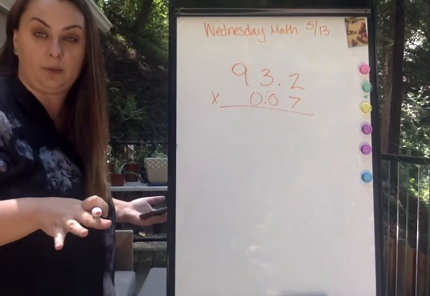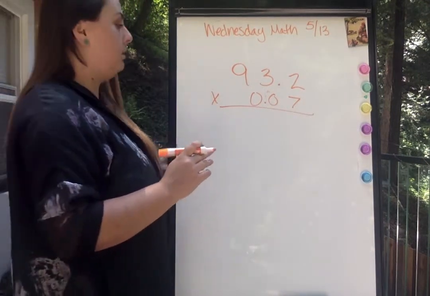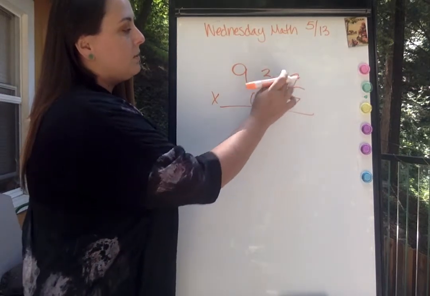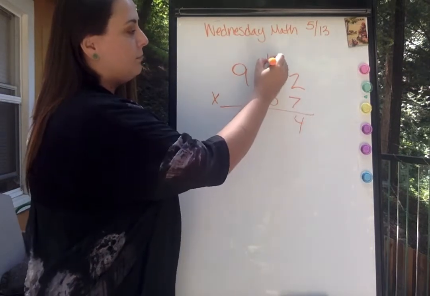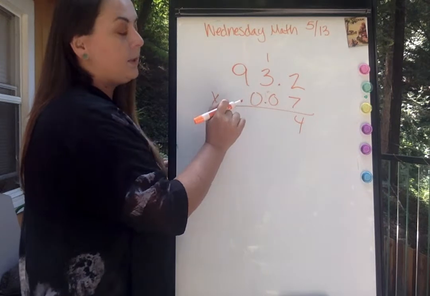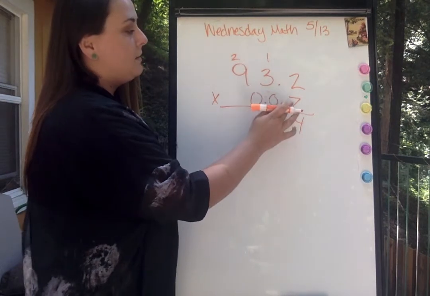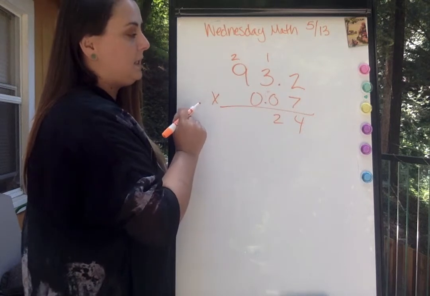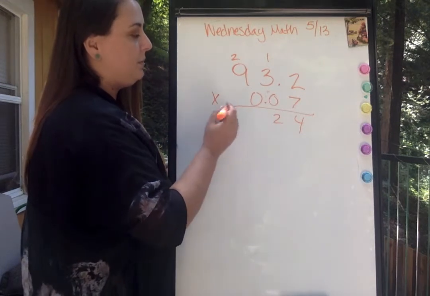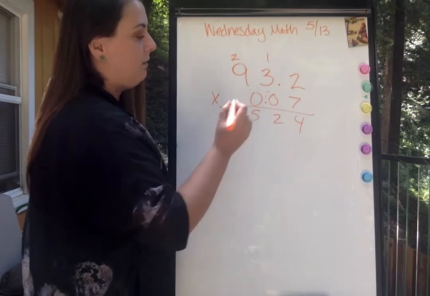Ignore the decimal point, just do your multiplication. So 7 times 2 is 14. 7 times 3 is 21, plus 1 is 22. 7 times 9 is 63, plus 2 is 65.